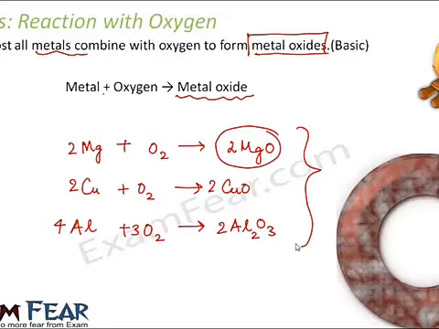Obviously it is exposed to oxygen, to air, and let's say the air is moist, so the air has water. Whenever iron comes in contact with air and water, what happens? Rusting takes place. On that iron bucket you can see a reddish colored layer formed. That reddish colored layer is nothing but rust. This rust is the result of the reaction of iron with oxygen in the presence of water.